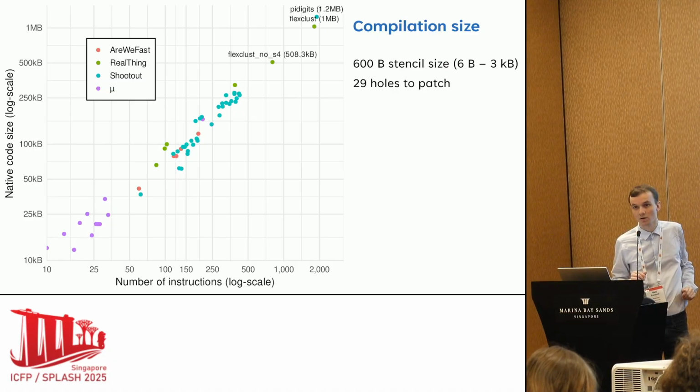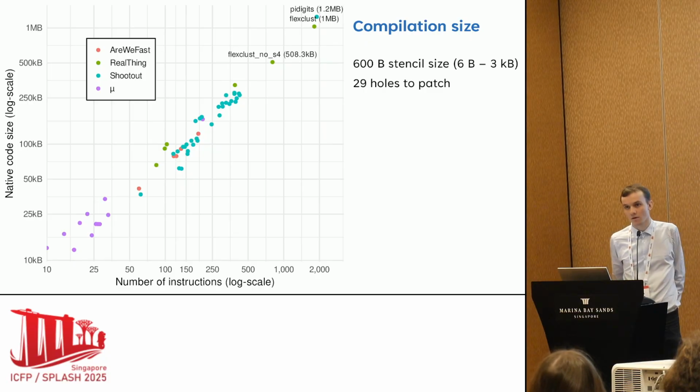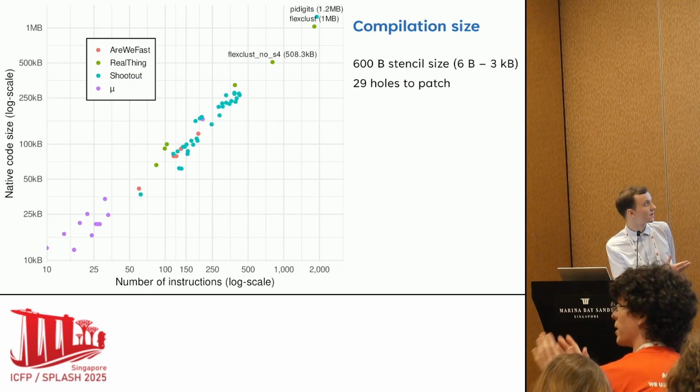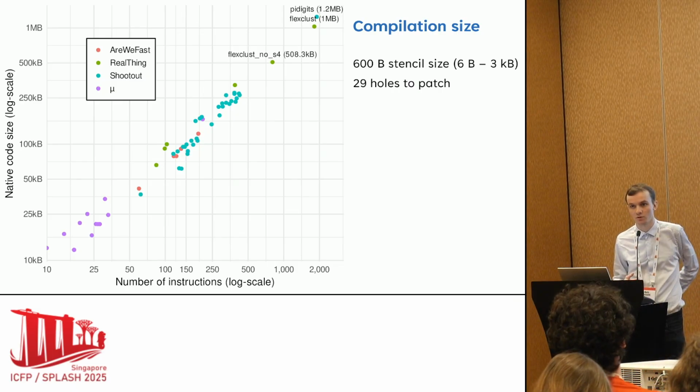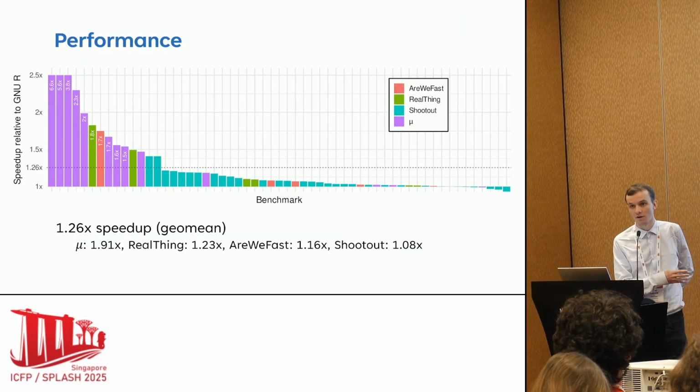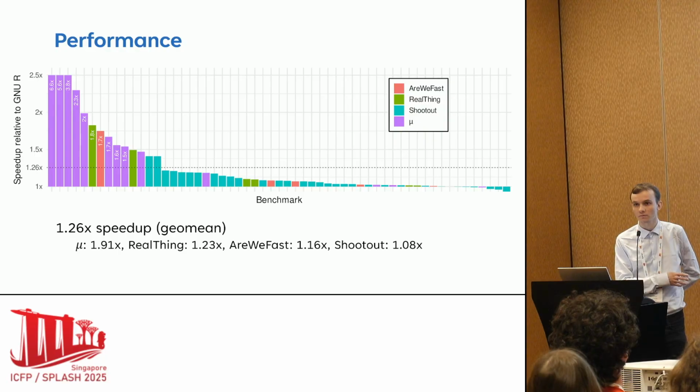This is for the compilation size. I would be interested to see what just the baseline RJIT is doing, not your work, but a comparison with your work versus what was standard. Here on the scatter plot we see the compilation size, but here we are comparing to GNU R actually. I would like to see the compilation size difference.